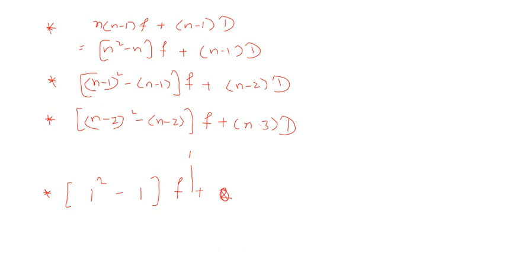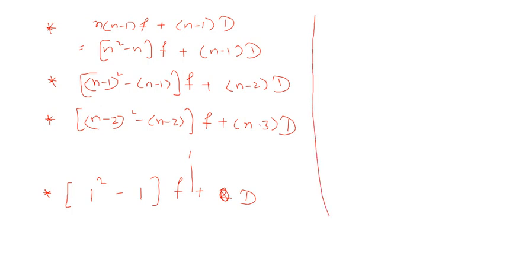You can see n equals 3 will give you this. This is the last step, where you have 0 divisions, right.